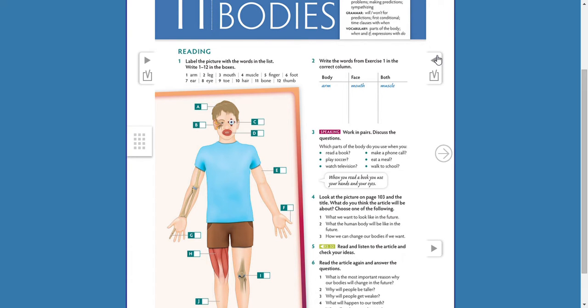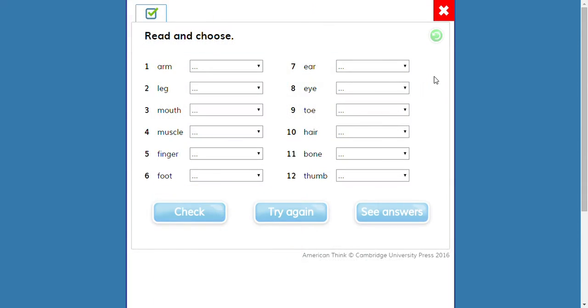Let's see. For example, if I say arm, arm could be body, face, or body and face. Body. Okay. If I say leg, remember, I can make mistakes, so no problem. Leg, body, face, or body and face. Body. Okay.